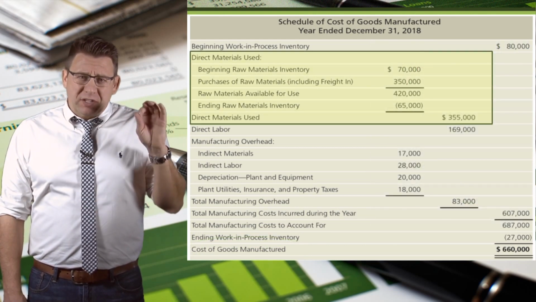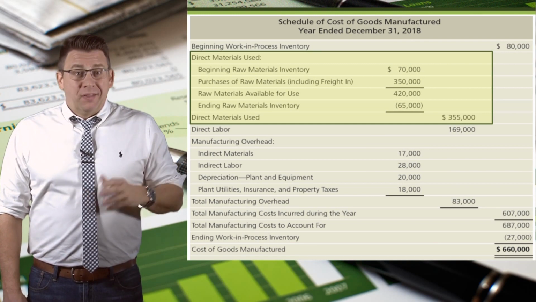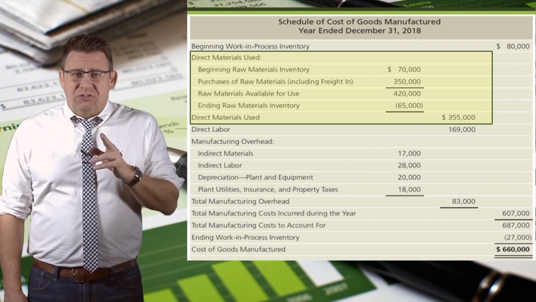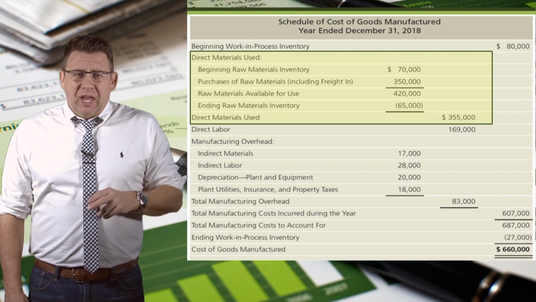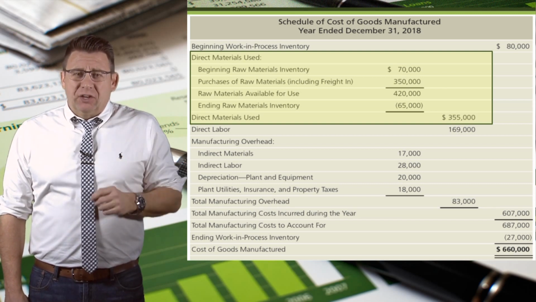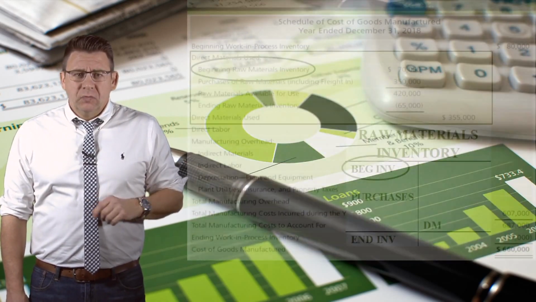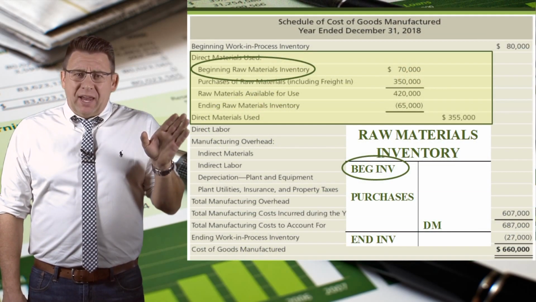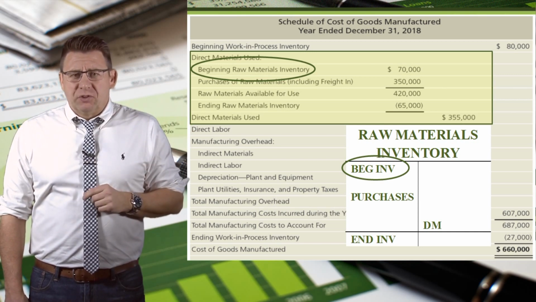So the only part of this schedule we haven't reviewed yet is the materials section. This section is basically the transactions that occurred in our raw material inventory account. And it is how we calculate direct materials if we aren't given that information. So you can see that this section starts with beginning raw materials inventory.